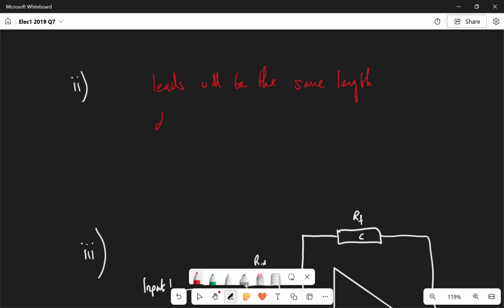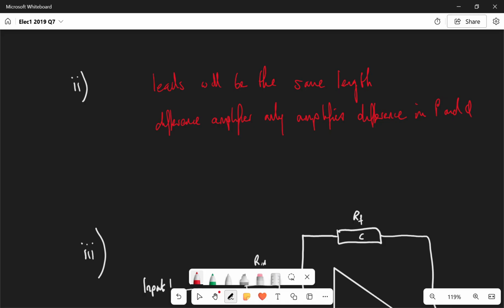So difference amplifier only amplifies difference in P and Q. Now what you're hoping is that it's going to ignore the noise because it would be identical in both leads.